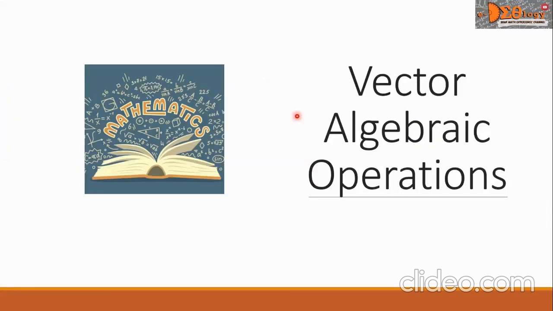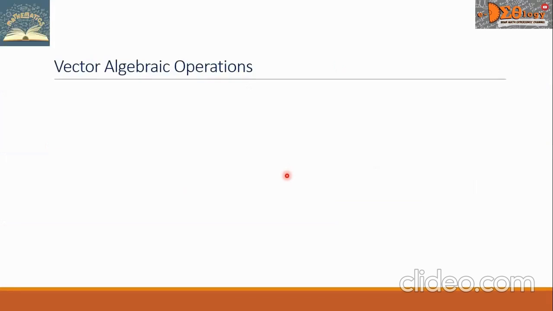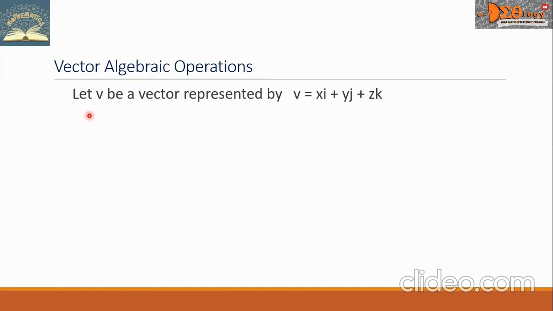Hi everyone! Today we're going to study vector algebraic operations. Let V be a vector represented by V equals xi plus yj plus zk.